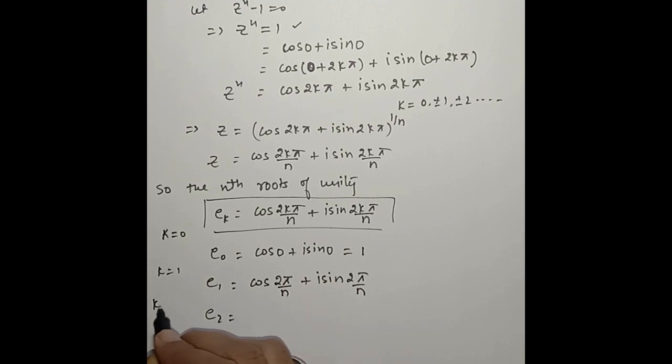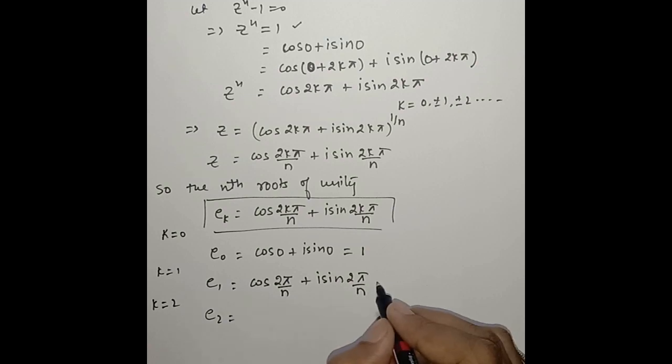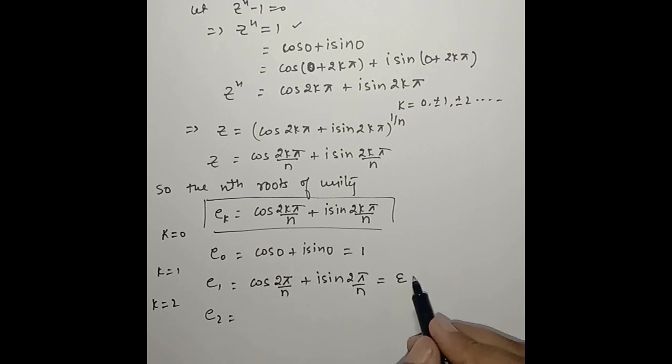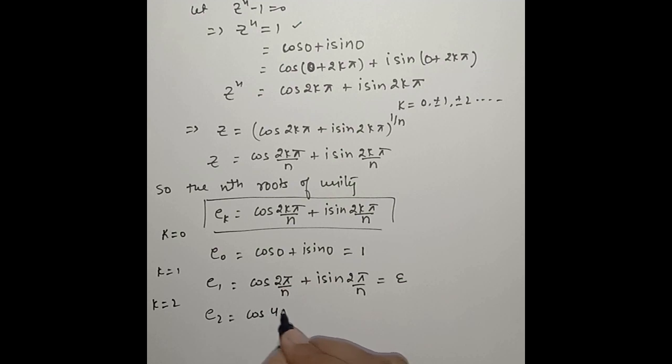E2, for k is equal to 2, if we denote this quantity by epsilon, then we have cos 4 pi by n plus i sin 4 pi by n.